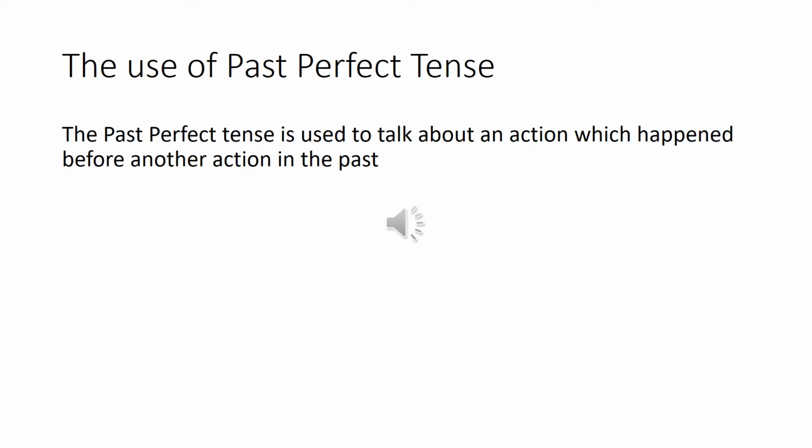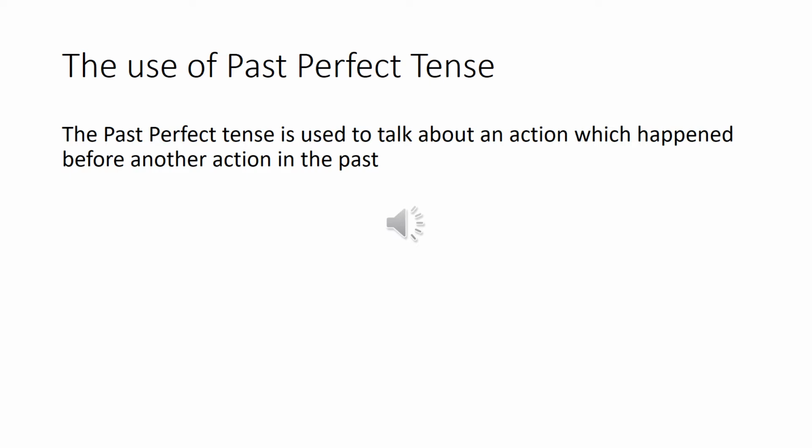Okay, here is the first use of past perfect tense. This tense can be used when we talk about an action which happened before another action in the past. There are certain occasions in our lives when we have to talk about two actions, both of them finished in the past.